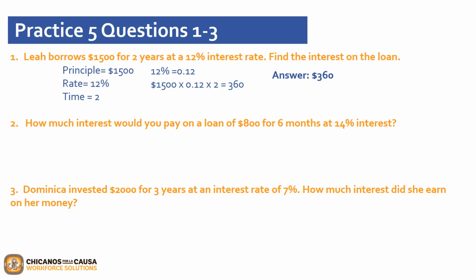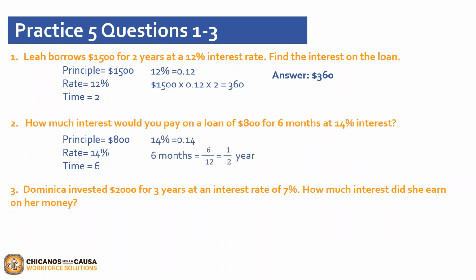Question 2 asks, how much interest would you pay on a loan of $800 for 6 months at 14% interest? To solve question 2, we need to first identify our principal, rate, and time. Our principal for the second question is $800, the rate is 14%, and the time is 6. Now that we've identified principal, rate, and time, we'll need to write the rate 14% as a decimal, 0.14.